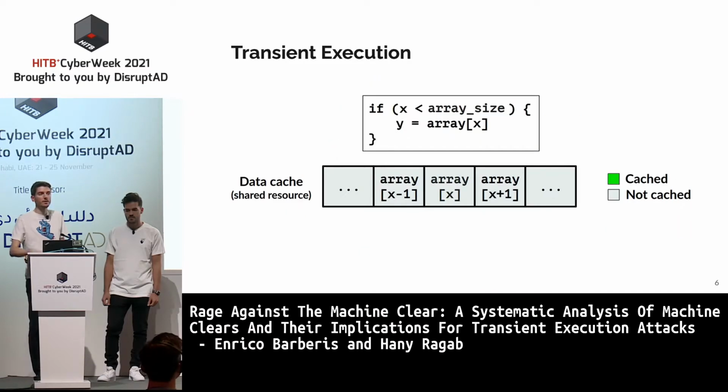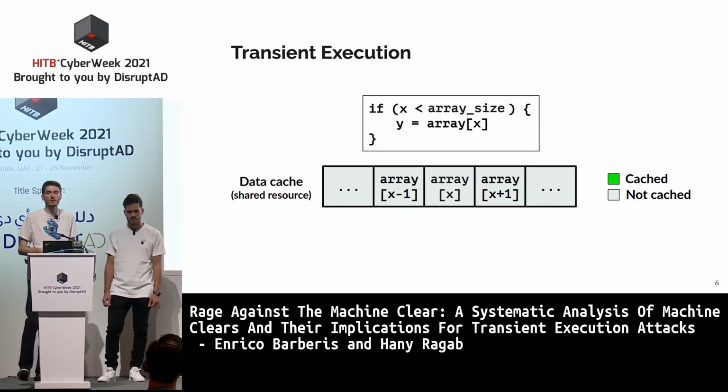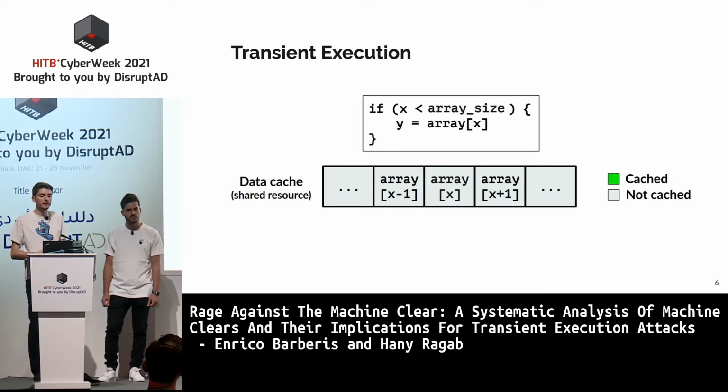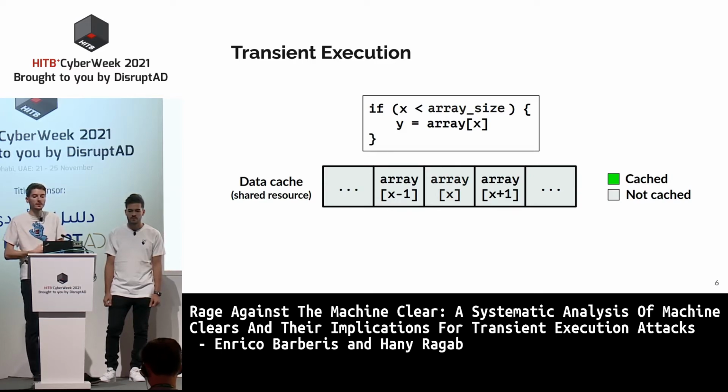But where all this actually becomes very interesting is with transient execution or speculative execution. So let's combine this cache side channel with speculative execution. Let's look at this simple snippet of code, a very common piece of code, a bounded array access. Before accessing an array, you check that the index is within the bounded size.